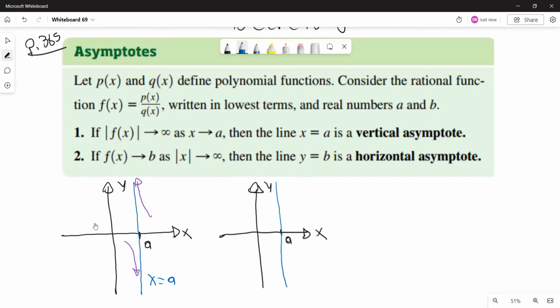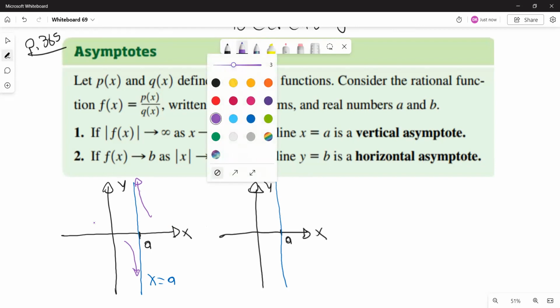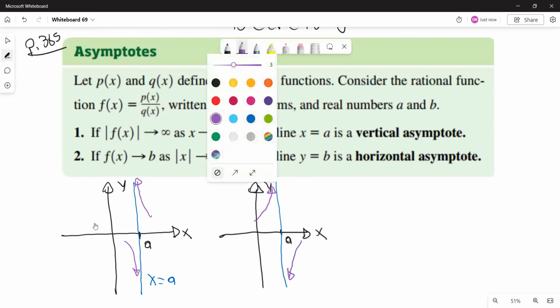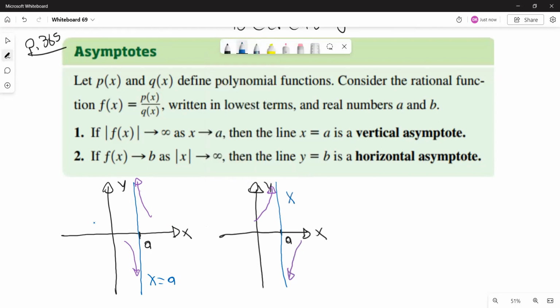And it could be that it approaches infinity as x approaches A from the left, and negative infinity as x approaches A from the right. Or it might be in the same direction, like 1 over x squared.